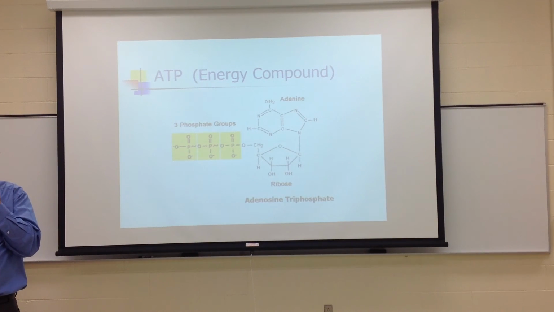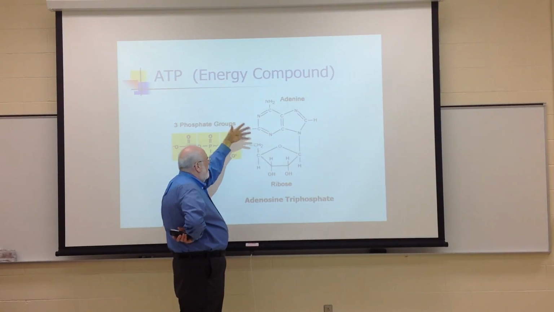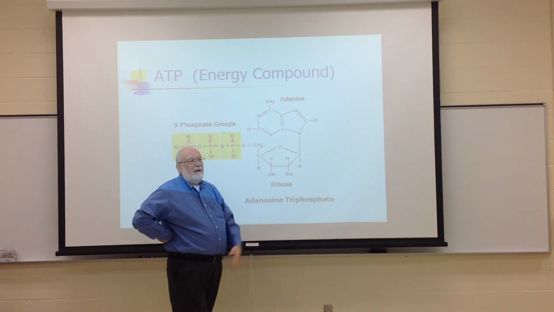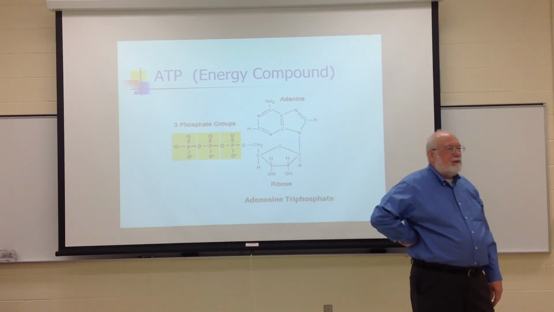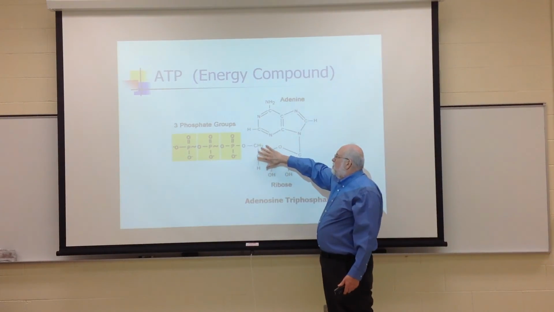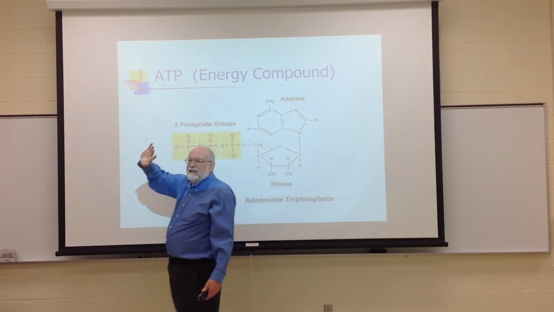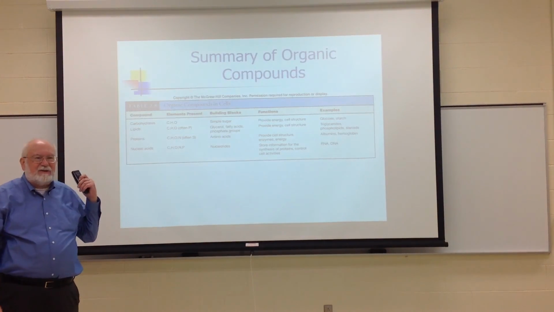So if it's something that has only 3 phosphates, it's probably ATP, right? Isn't that simple? Yes. All right. Now, what other elements have we got? Carbon, hydrogen, oxygen, nitrogen, and there are 3 phosphorus. Now, that's all there is to it. All right. Not a terribly huge molecule at that. Here's an adenine, there's a ribose, and there are the 3 phosphates, and that's it. That's ATP. Now, what could be simpler than that?